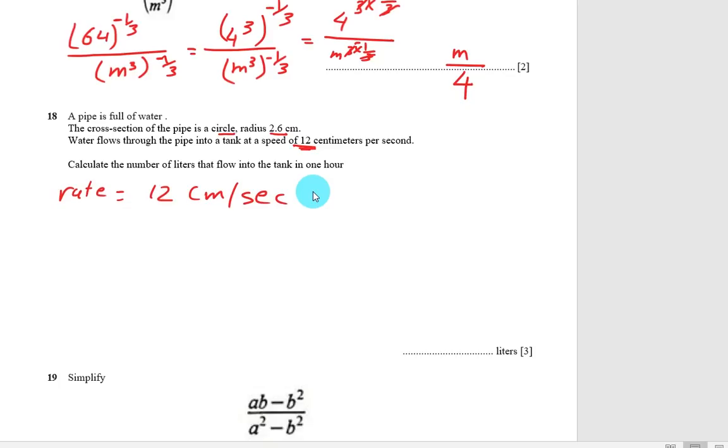Calculate the number of liters that flow into the tank in 1 hour. The radius of this tank is 2.6 and we need how many liters flow in 1 hour. Okay?